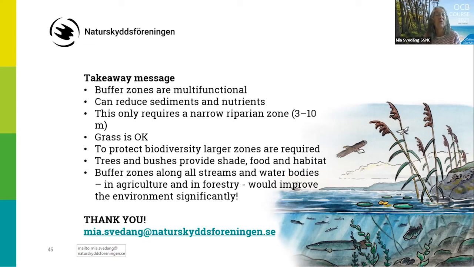And only grass is okay for this. But if you want to protect biodiversity, larger zones are required to protect the wildlife and biodiversity. And then you need trees and bushes to provide shade and food and habitat and so on. And buffer zones along all streams and water bodies in agriculture and in forestry would improve the environment significantly.